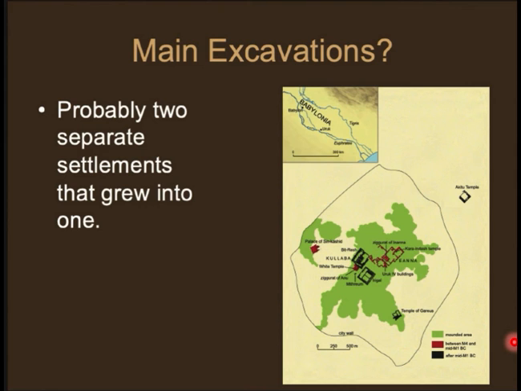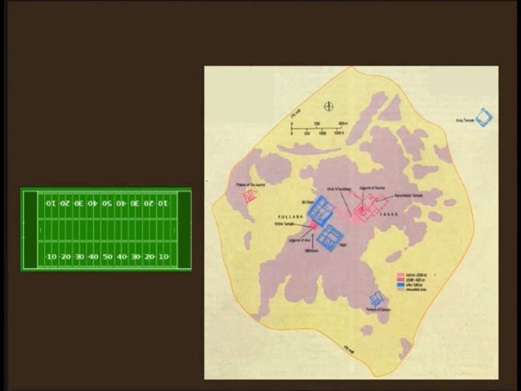The material from this center is what we're going to look at from these important public buildings in the center of the city, and they date to around 3200 BC. So we're talking about over 5,000 years ago.